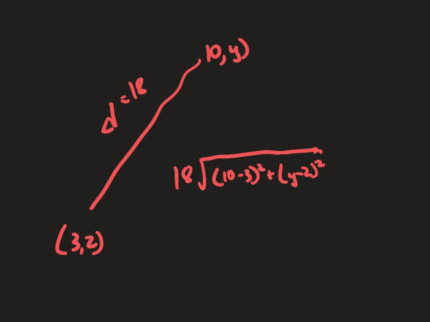I could figure out all of this and solve for y. I think you know how to do that. I trust that you know how to solve for y from here, but I just wanted to show you you could do various things. You could get rid of that square root and all kinds of good stuff.